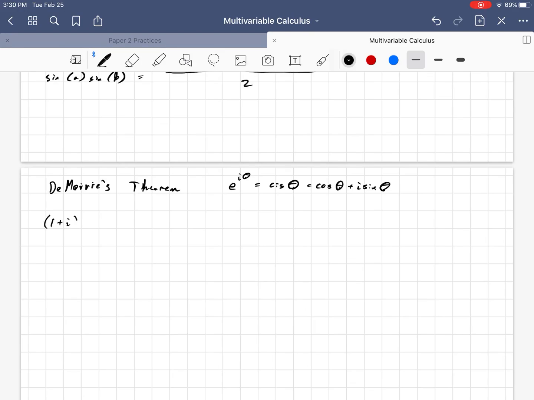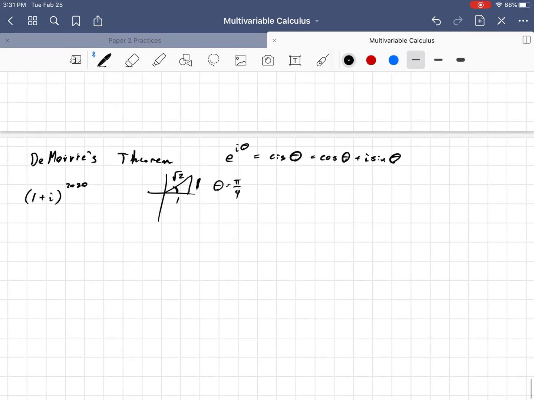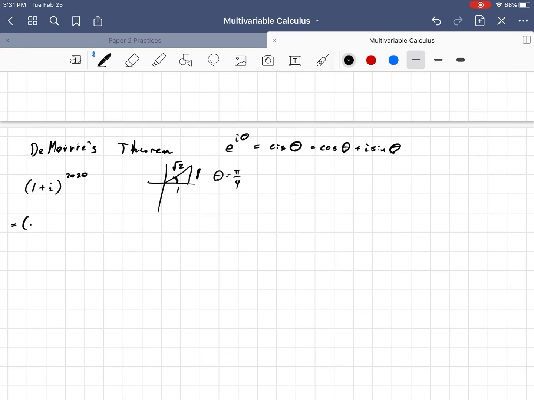So for example, if I had 1 plus i to the 2020, I could draw a diagram here, and then this is length 1, this is length i with magnitude 1. And so that angle there, theta, would be pi over 4. And this length would be root 2, Pythagorean theorem. And so I could write 1 plus i to the 2020 as square root 2 cis pi over 4 to the 2020.